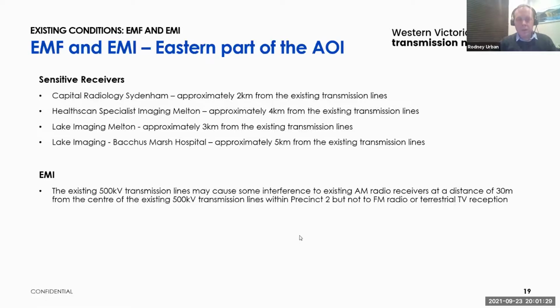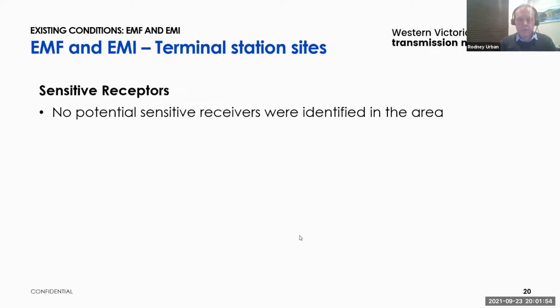During the impact assessment, with the new electrical infrastructure going in, we'll do that same due diligence and check that we won't interfere with the existing infrastructure in the environment. And then also under EMI, again, looking at AM radio, FM and terrestrial TV reception.